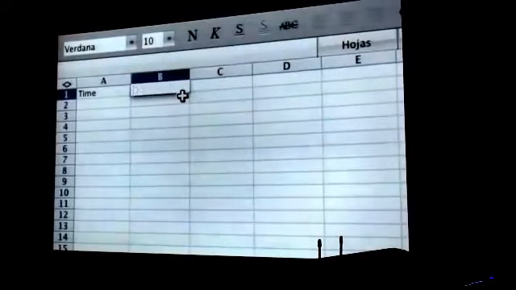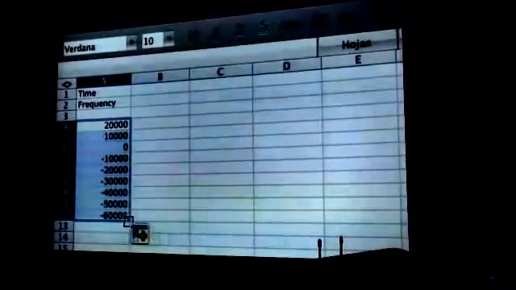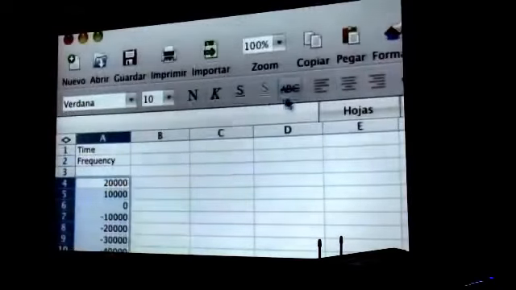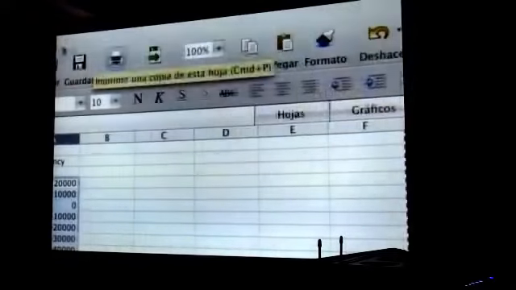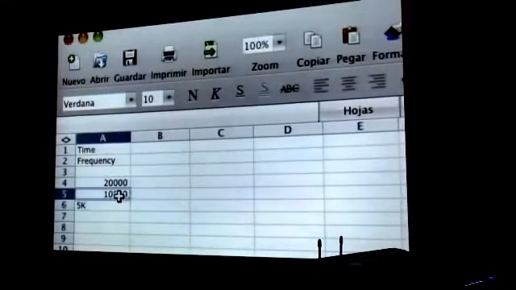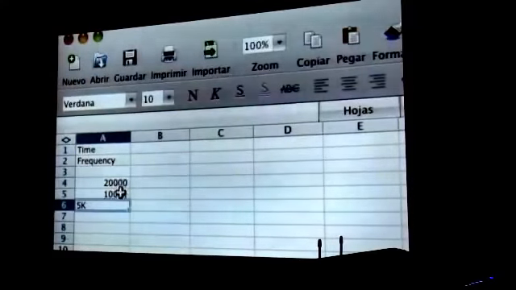And then let me write here 20,000, 10,000, and then let me scroll down. Oh, wrong equation. Oh yeah, I know why. Okay. This is equal to this over 2. And then right now it will work. So I start from 19 Hz to around 20,000 Hz.